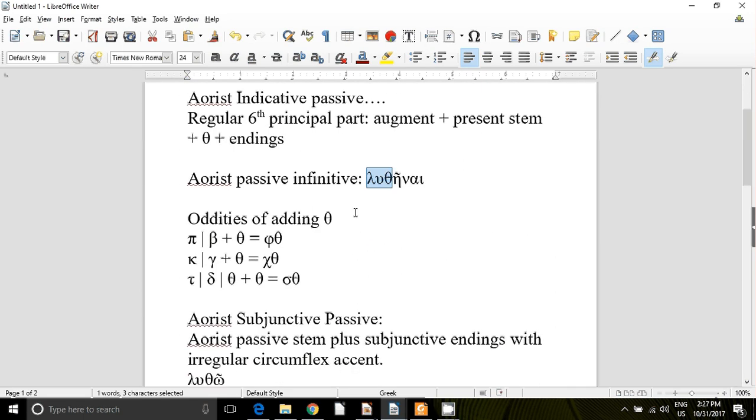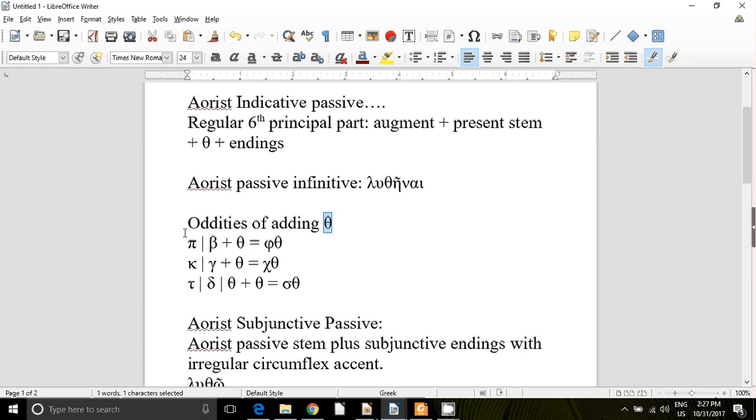Now there are some oddities, of course, since we're adding a letter, just when we added sigma or when we added kappa, sigma for the aorist and future and kappa for the perfect. When we add theta for the aorist passive stem, that's also going to cause problems. If we add theta to a labial, a pi or a beta, that changes to phi theta.